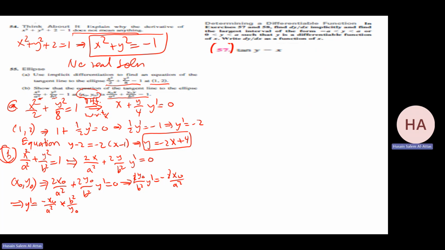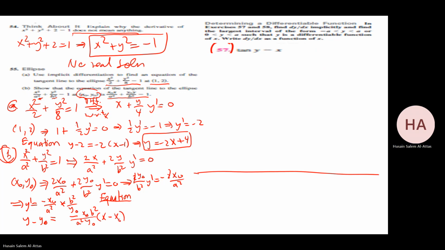Okay. Now the equation will be what? I think I can use this part. Okay. y minus y0 equals the slope, which is minus x0 b squared over a squared y0, times x minus x0. Sorry. I'm heading towards what? I need to get this equation.